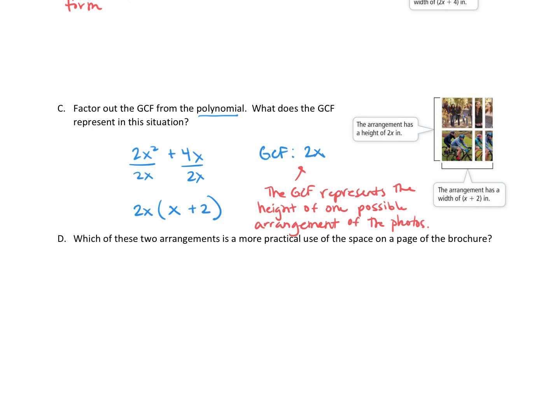And we're seeing that arrangement right here. If the height is represented by 2x, that's this right here. Oh, I guess we didn't write that in. Let's see. Here's our 2x, and then the other dimension was x plus 2. So here's an x, and then there's our units of 1 inch, 1 inch. So that's with the 2x and the x plus 2. So the 2x represents the height of one possible arrangement.